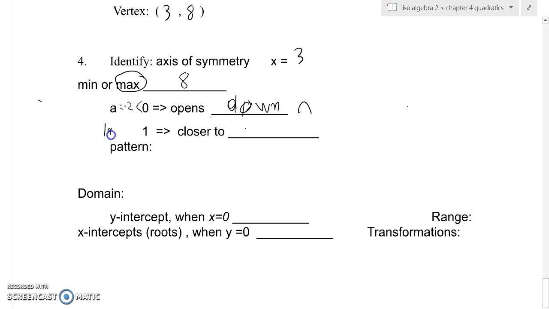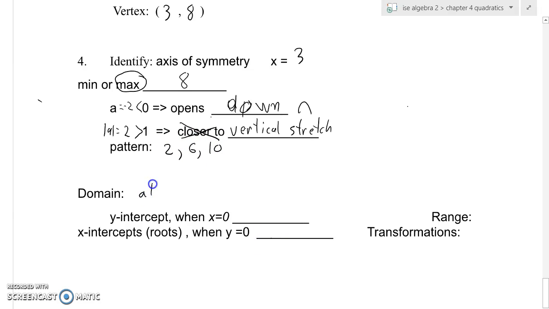The absolute value of a is 2, which is greater than 1, so this is a vertical stretch. Our pattern is 1a, 3a, 5a, so 1 times 2 is 2, 3 times 2 is 6, 5 times 2 is 10.